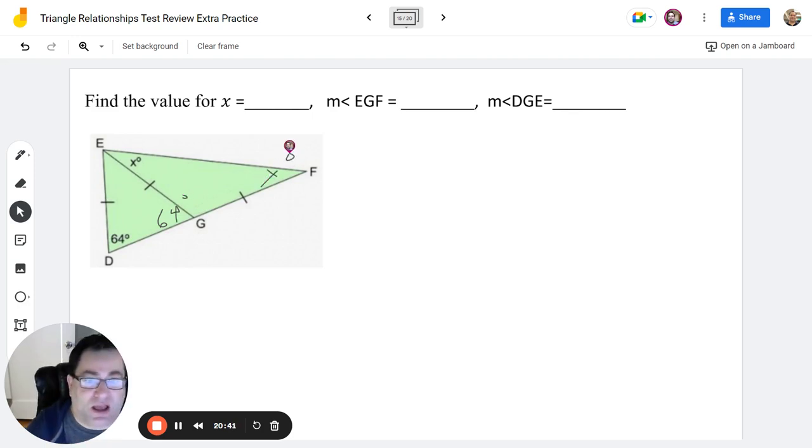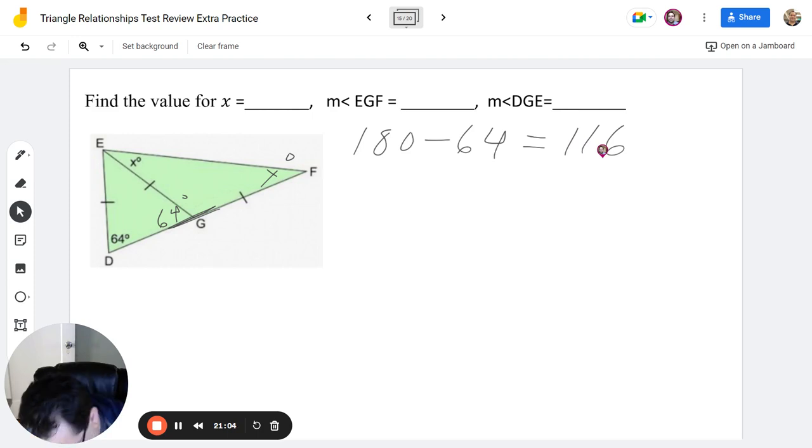Okay, and well, let's start with x, I guess. So this angle and this angle form a linear pair. So if I take 180 and I subtract 64, we'll get 116, which will give me the measure of this angle right here.